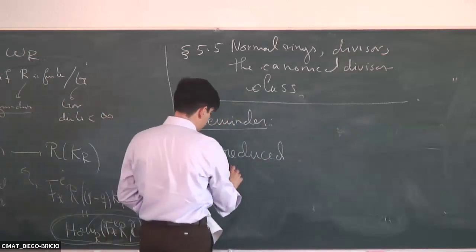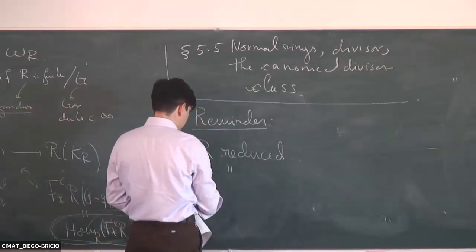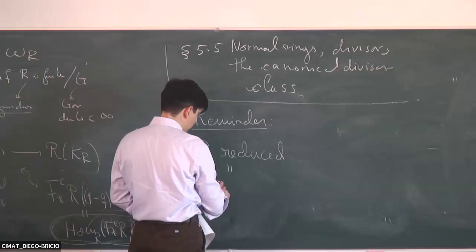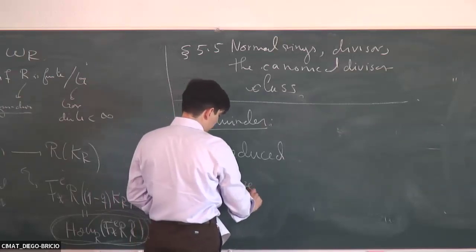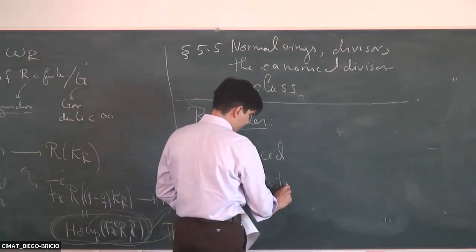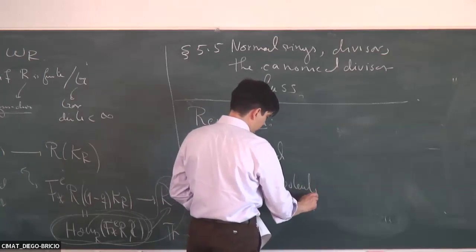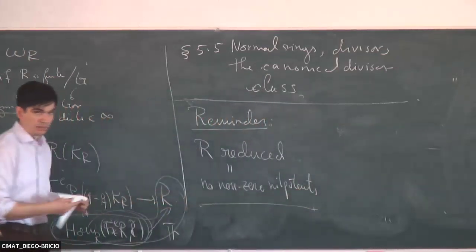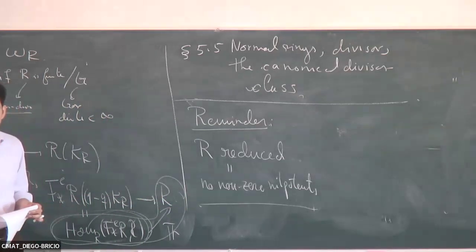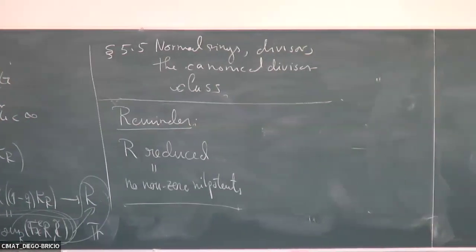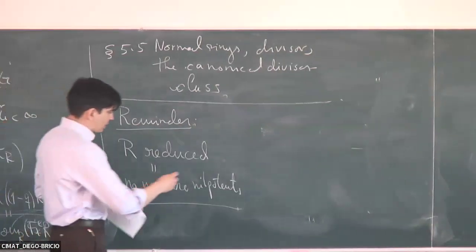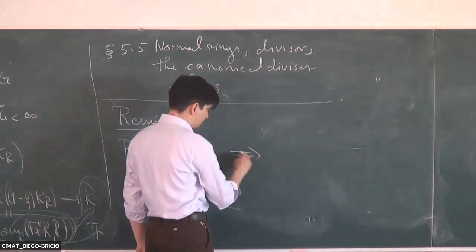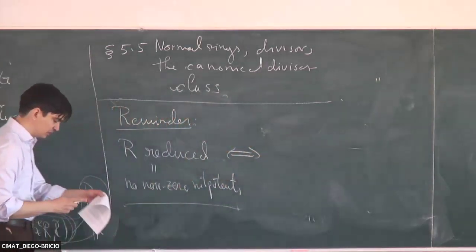Well, we know that by definition, this means that there are no non-zero nilpotents. In positive characteristic, we can further understand this by saying that the Frobenius is injective. But there is a cool way to understand it.